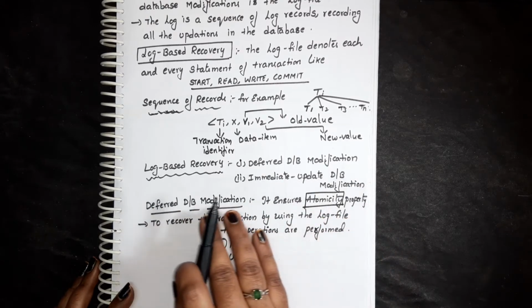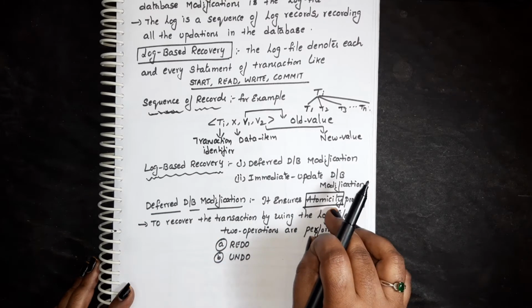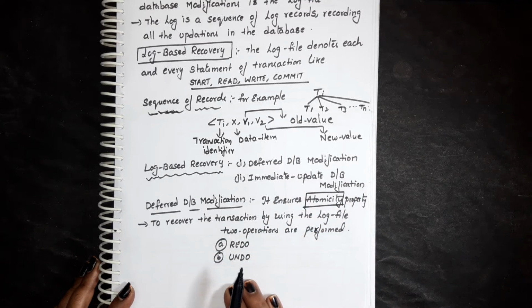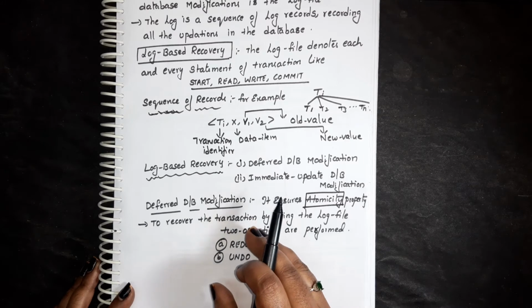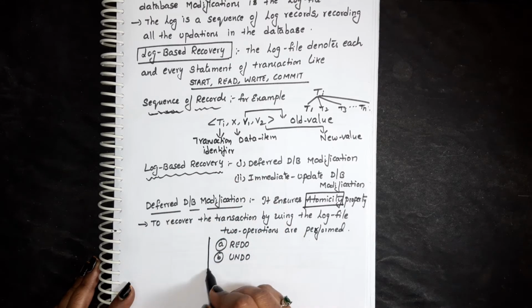So nothing but deferred database modification, by using the log file, you must ensure the atomicity property. Then what are the operations you can perform here? In order to recover from the failure and to bring the database into a working state, what are the two sets of operations you are going to perform?